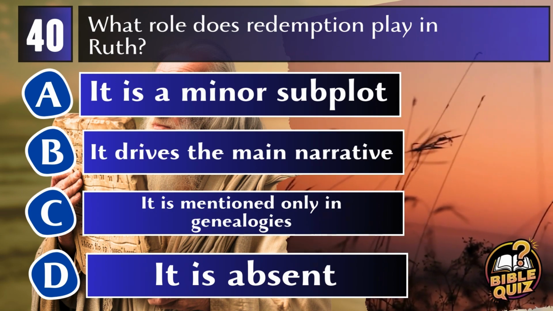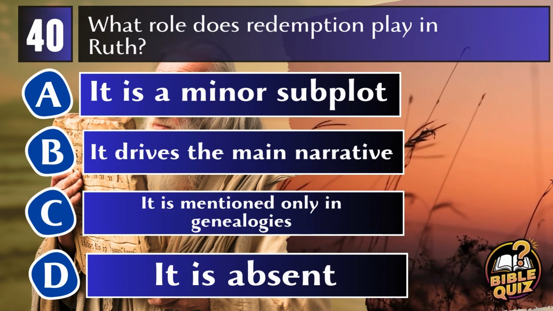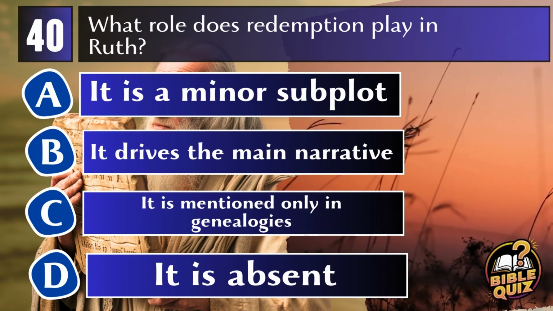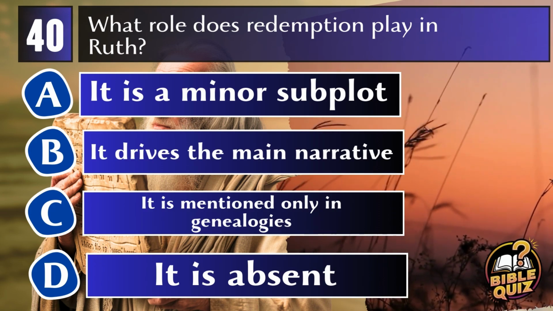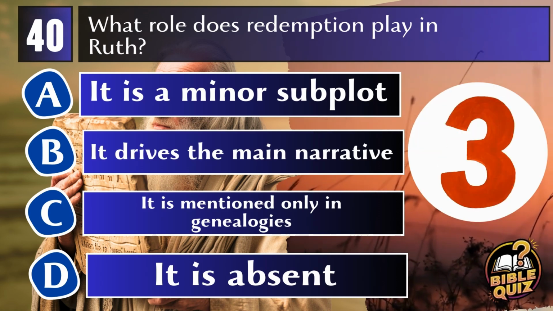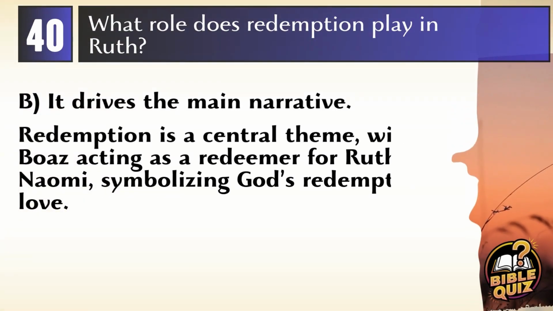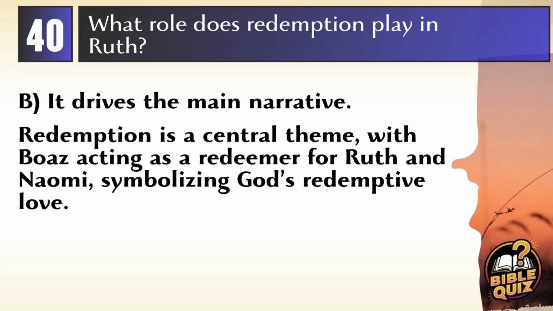A. It is a minor subplot. B. It drives the main narrative. C. It is mentioned only in the genealogies. D. It is absent from the story. Answer B. It drives the main narrative.